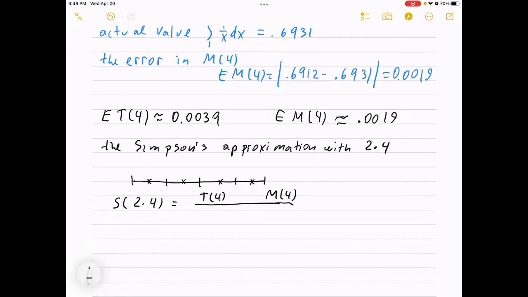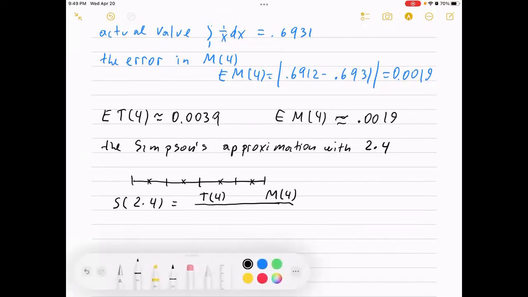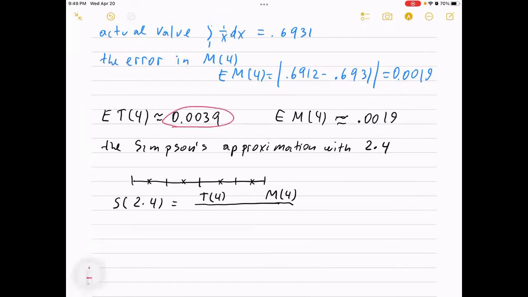If you look at what we got for errors in trapezoid and in midpoint, you notice that midpoint is twice as accurate as trapezoid, because the error was approximately 0.0019, which was half of the error in trapezoid, which was 0.0039.